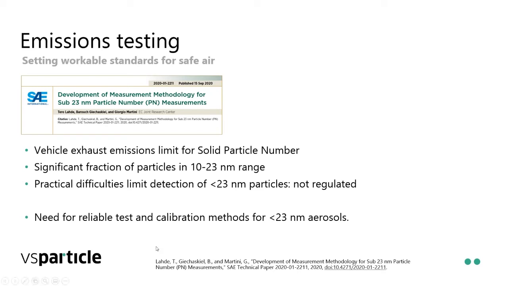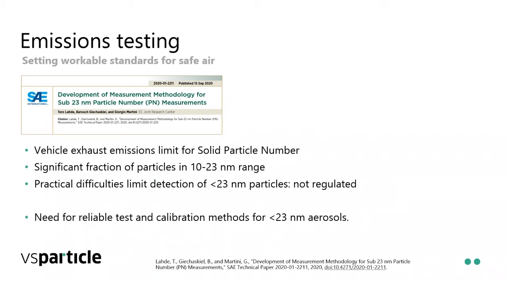And so what we have are emission limits on the vehicle exhaust related to solid particle number. So how many solid particles are in the gas? But these are regulated for 23 nanometers and above. And there is a significant fraction of the particles in about the 10 to 23 nanometer range.